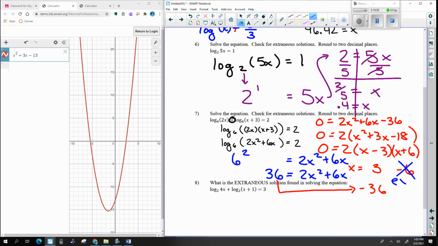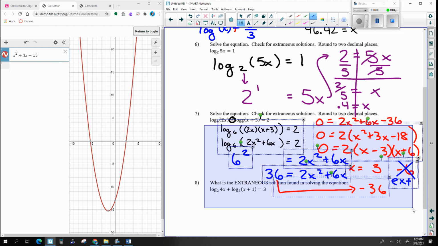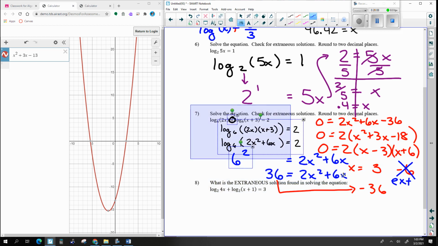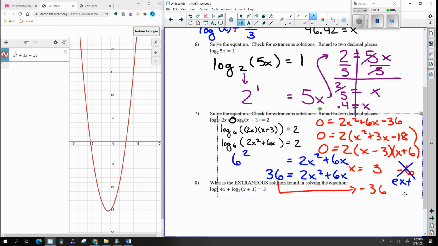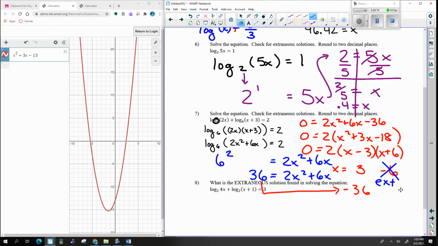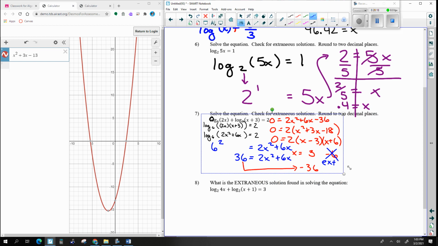Negative 6 is extraneous. And the only real rule about this, and how I knew that one so quickly, is whatever you put on the inside of a logarithm has to be positive. It has to be greater than 0.